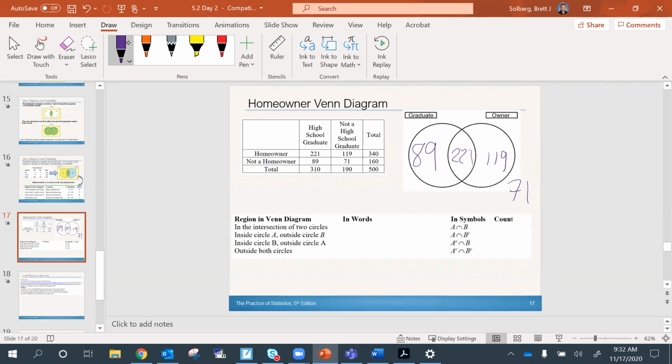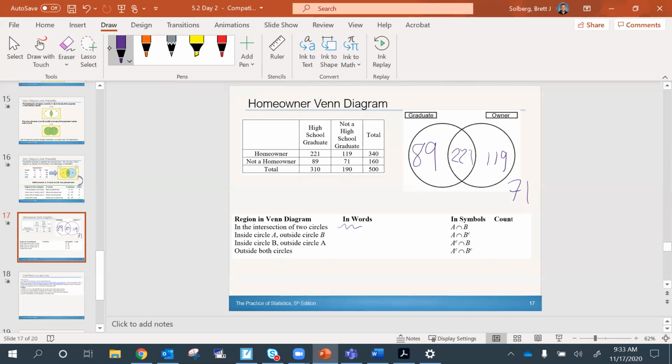Now, what I'd want you guys to do at this point is, for each of these, try to put it into the context of the problem. So for example, A and B is 221. What does that mean? Well, that means they are a homeowner and a high school graduate.